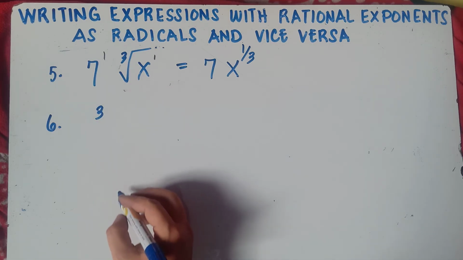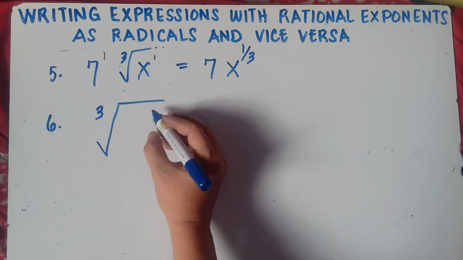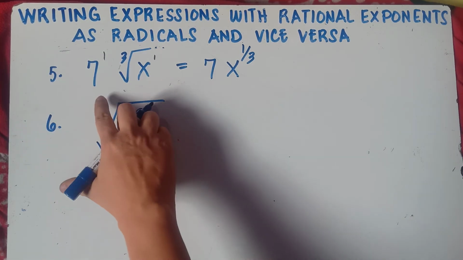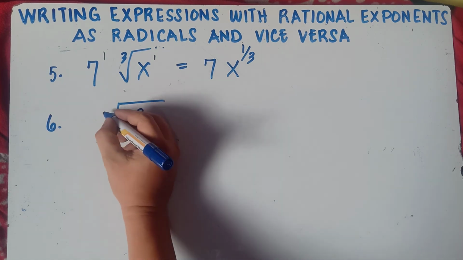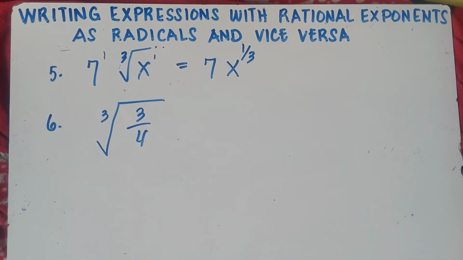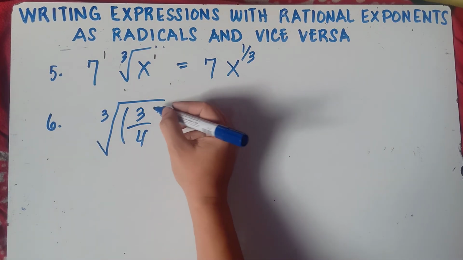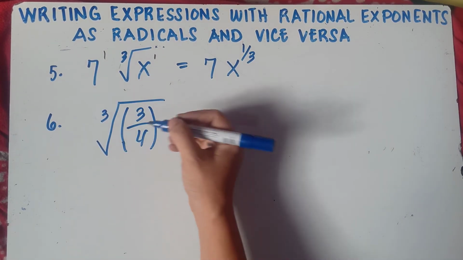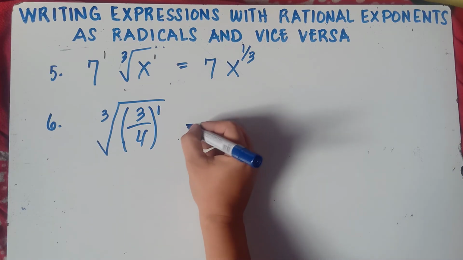Let's try number 6. What if you have the cube root of 3 over 4? Once again, you put a quantity, since you have a numerator and denominator, and the exponent is 1.